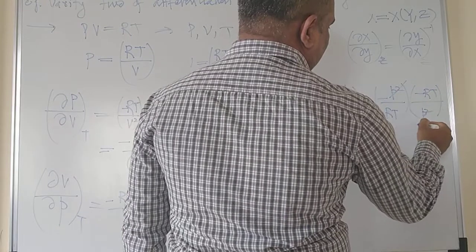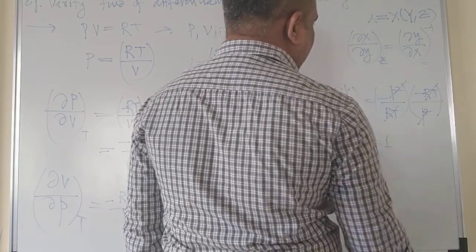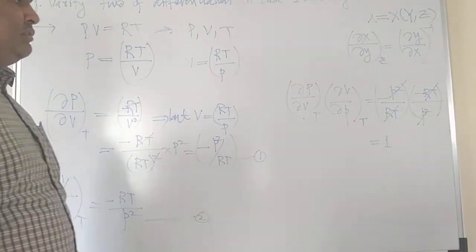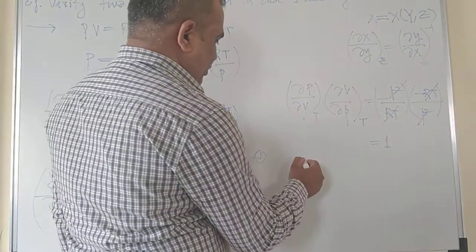So this P square cancels, this cancels with this, and the negative sign becomes positive, and that is equal to 1. This is proved.